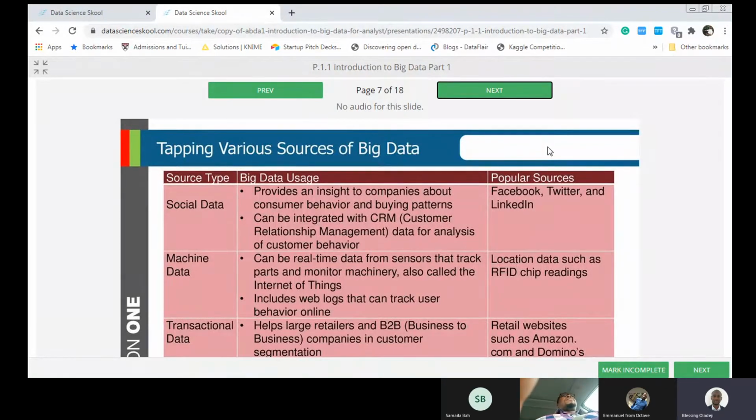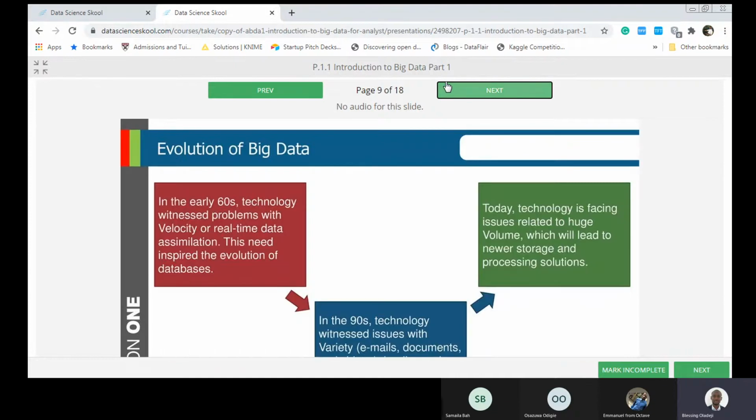When you go to jumia.com and buy something online, that is transactional data. When you go to Facebook to make a post, or to Twitter to tweet, or to Instagram to upload a picture, those are social data. Those are different sources of big data.